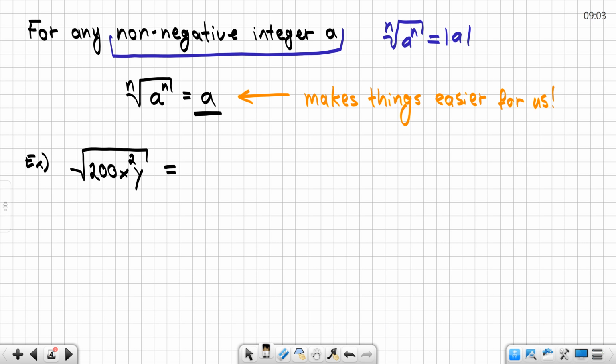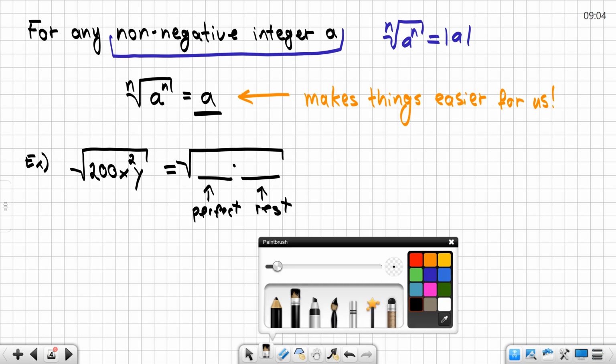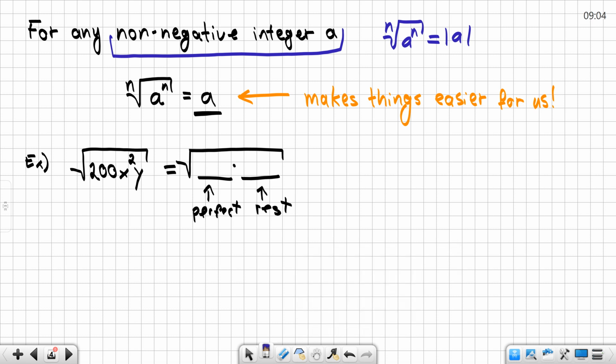So what I will do in this case down here, the square root out of 200x squared y. I will do now the same thing as I did a moment ago. I will attempt to split this into 2 factors, one being a perfect square in this case, and the second factor, if there is some, that will be then just the rest. So I look first at the numbers. The number 200, the coefficient. 200 is the same thing as 100 times 2.